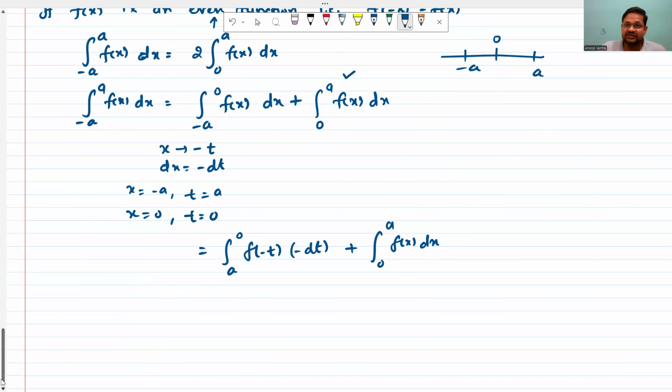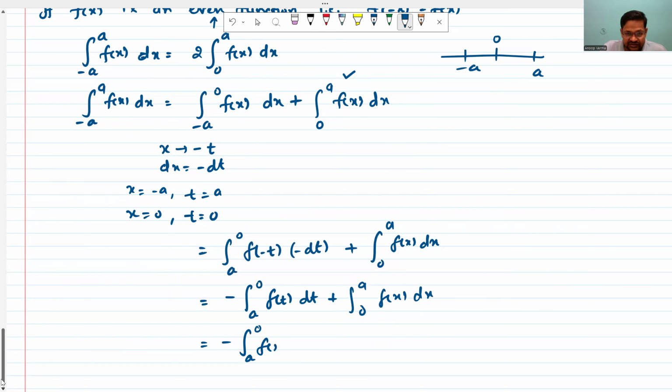Okay, we know that the function is even, so f of minus t will equal f of t. So we can write this with the minus outside: this is from a to 0 of f(t) dt, plus this is from 0 to a of f(x) dx. We can change this variable as we want to x.